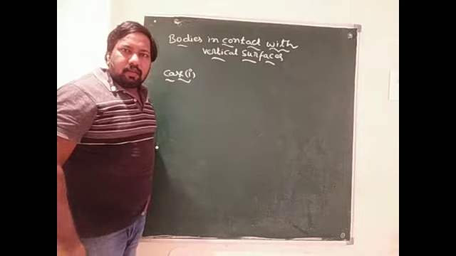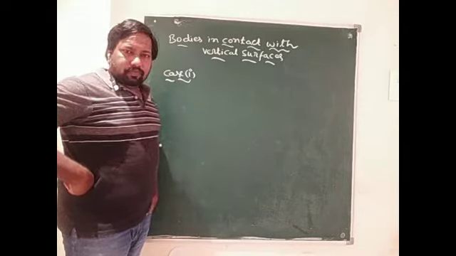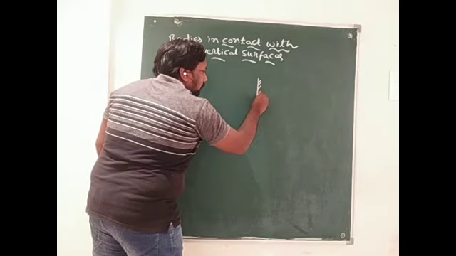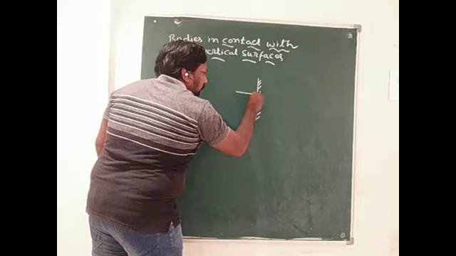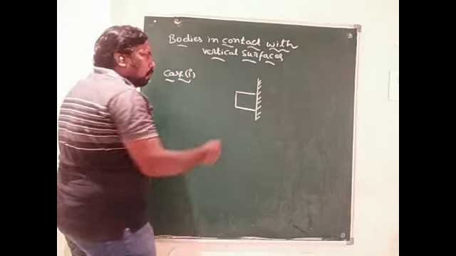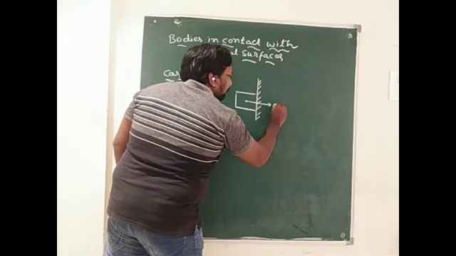If we consider a mass of the body here in contact with the wall, vertical wall, then a horizontal force is acting on the body perpendicular to the wall in this way.